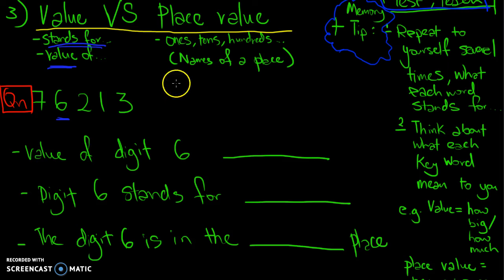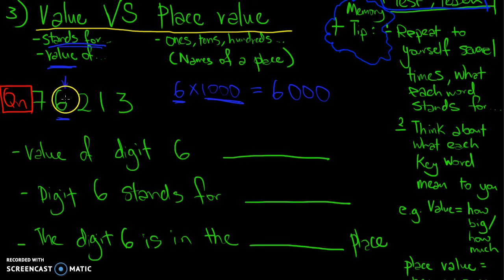Because the 6 is in the thousands place, it's 6 times 1,000, which gives you the value of 6,000. So the digit 6, I say again, is multiplied by 1,000, because it is in the place value of thousands.